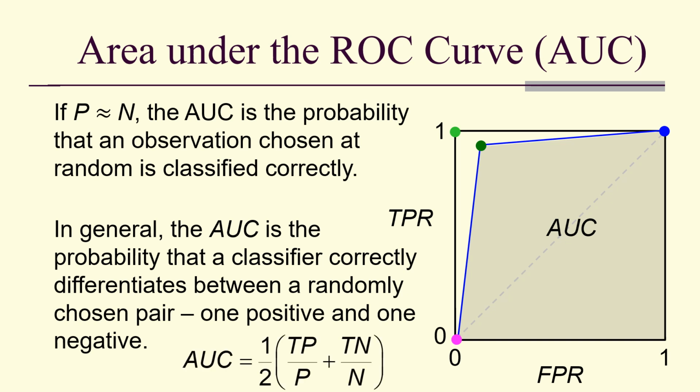In general, the area under the curve is the probability that a classifier correctly differentiates between a randomly chosen pair, one positive and one negative. In other words, if we chose two observations, knowing that one was positive and one was negative, the area under the curve would be the probability that the classifier got them right.